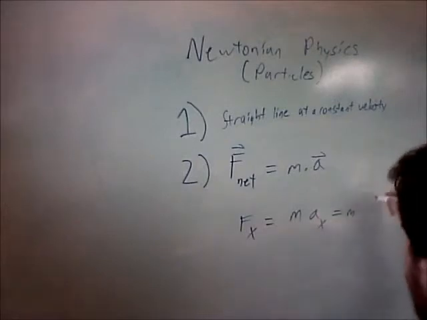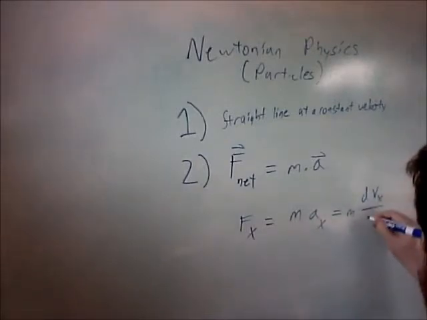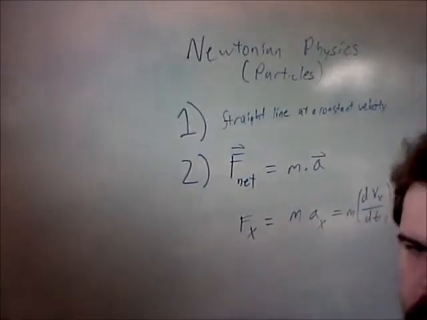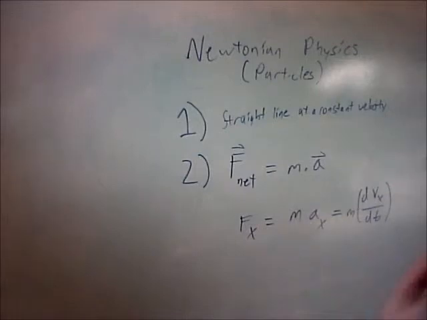Therefore, the acceleration is the time derivative of velocity. So, if you add up all the different force law contributions on an object in a particular direction, that will tell you the mass times the derivative of the velocity in that direction.